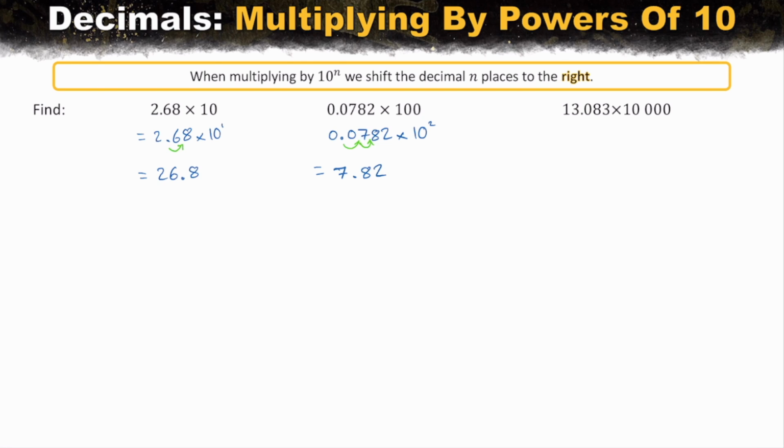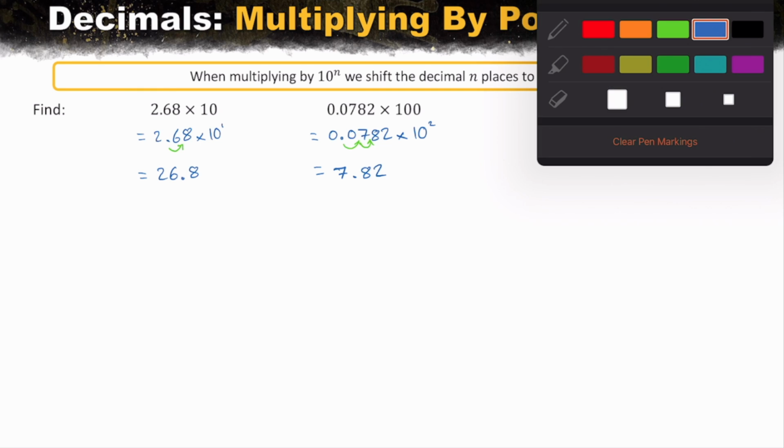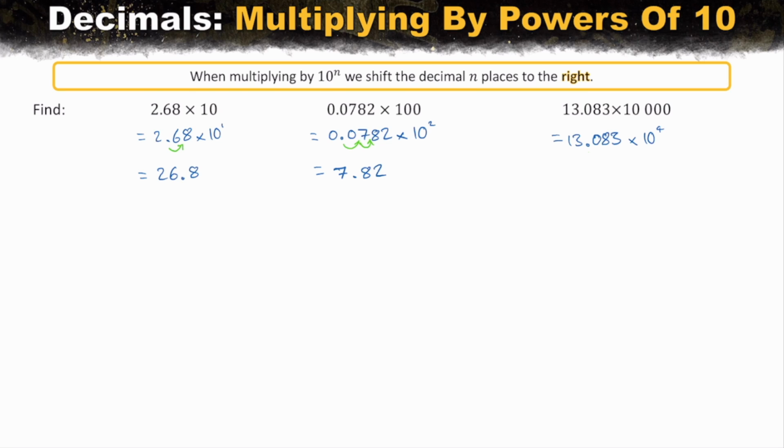The third example we've got here, we can rewrite this to be 13 and 83 thousandths times 10 to the power of, and the number of zeros we've got is 4. So it's 10 to the power of 4. What this tells us is we need to move the decimal place 4 spots to the right. So 1, 2, 3, but we've sort of run out of digits here. If we ever run out of digits, we add an extra digit.